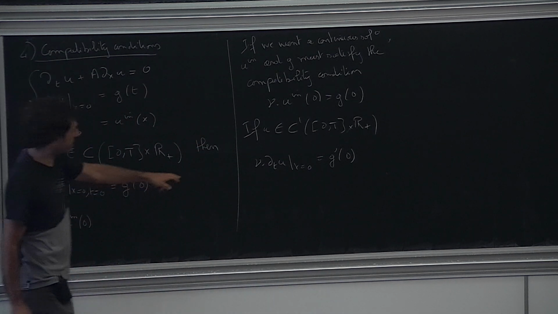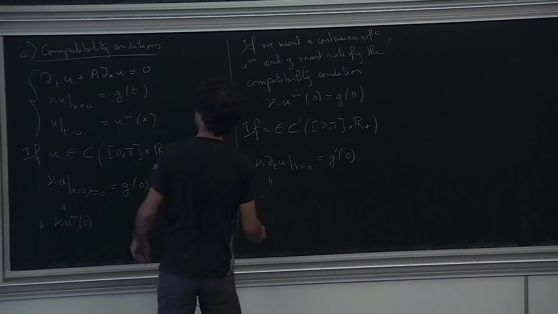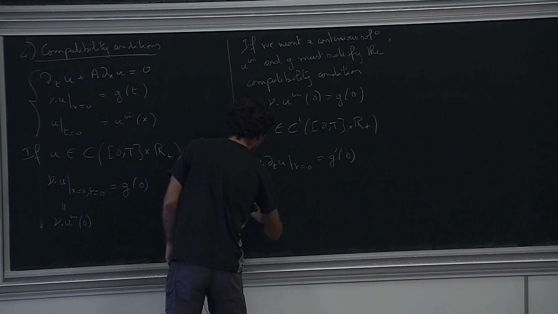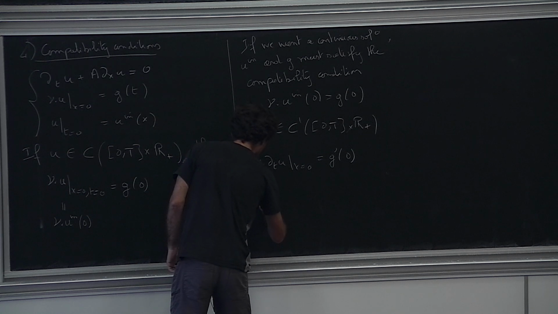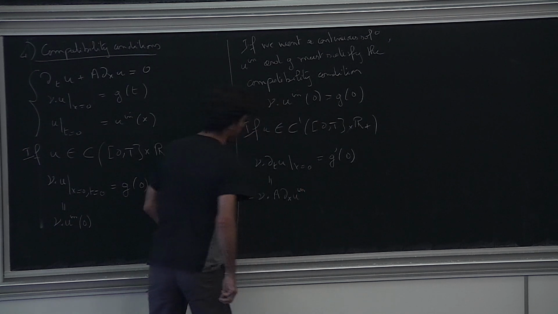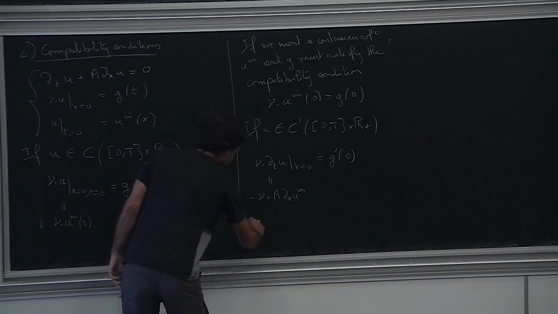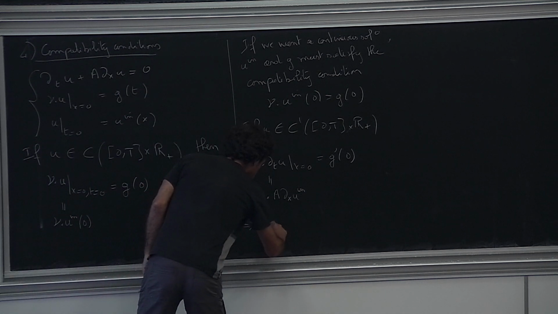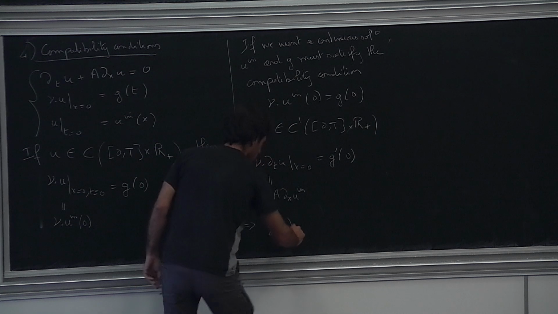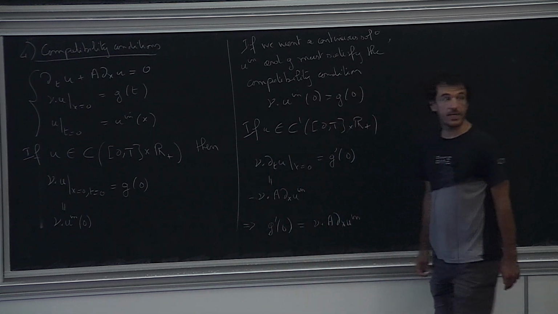And you can replace dtu by minus a dxu. So it's minus nu dot a dxu, and at t equal to 0, this is dxu in. Okay, I use the equation here. So this implies another compatibility condition, which is g prime of 0 should be equal to minus nu, etc.